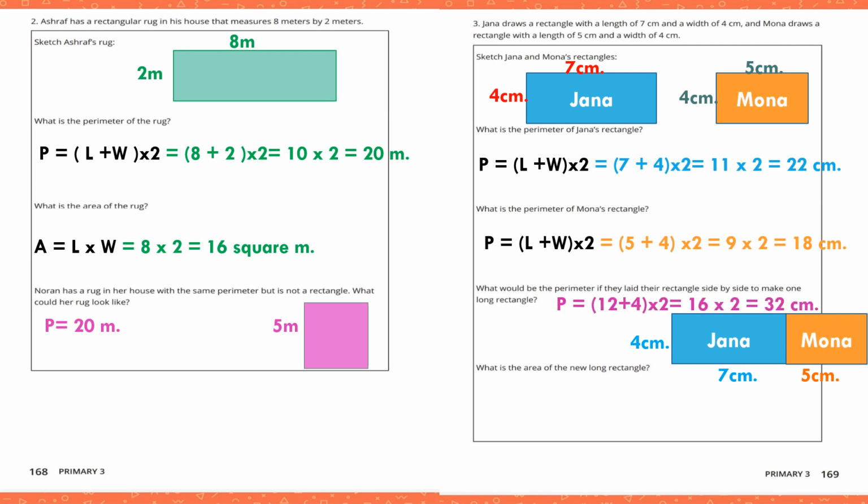It will be 12 plus 4, all times 2, equals 16 times 2 equals 32 centimeters. What is the area of the new long rectangle? We will multiply length times width. 4 times 12 equals 48 square centimeters.